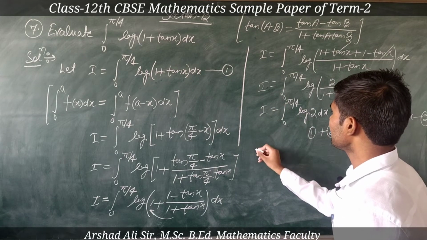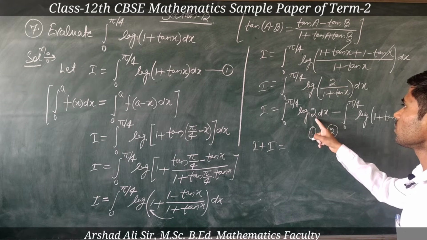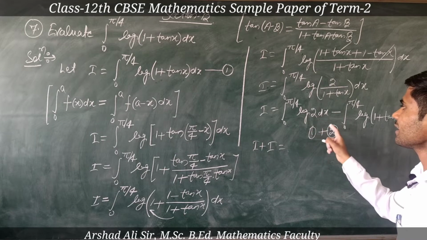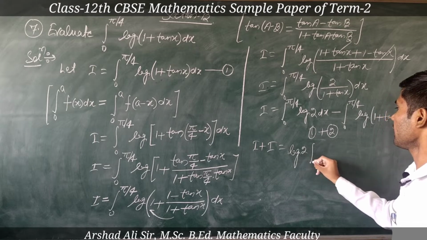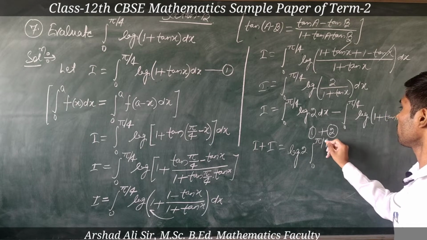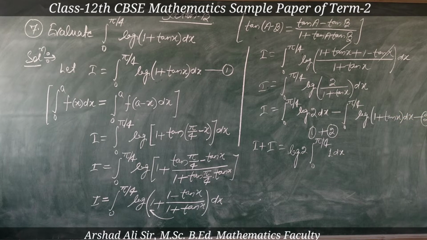So here we get I plus I in the left side. Here in the right side logarithmic 2 is a constant term, so we can write it out of the integration sign. Logarithmic 2 integration 0 to pi by 4 and 1 dx. And tell me what is the integration of 1? x. So we can write logarithmic 2 into x, lower limit 0, upper limit pi by 4.